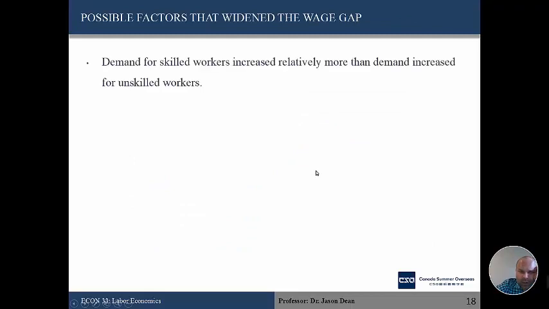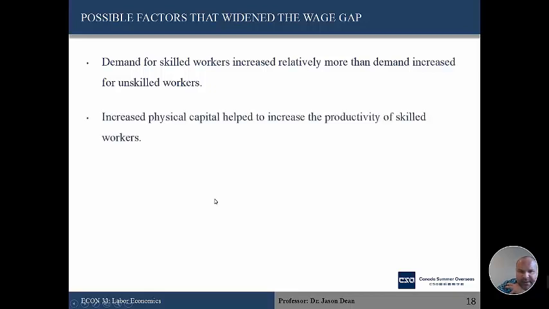So what could have caused this? Well, the demand for skilled workers increased relatively more than the demand for unskilled workers. As a proportion of the labor force, there's less manufacturing, there's more jobs in computers, networking, a lot of jobs that require education.